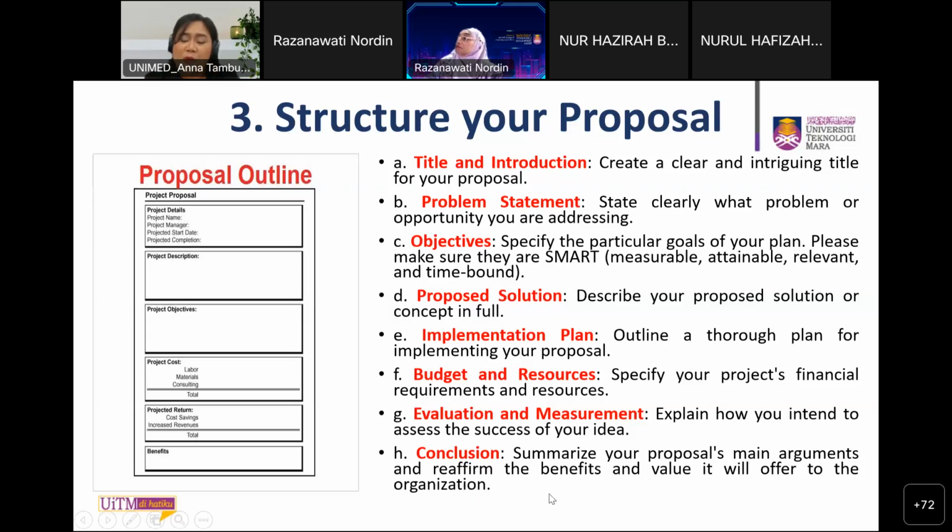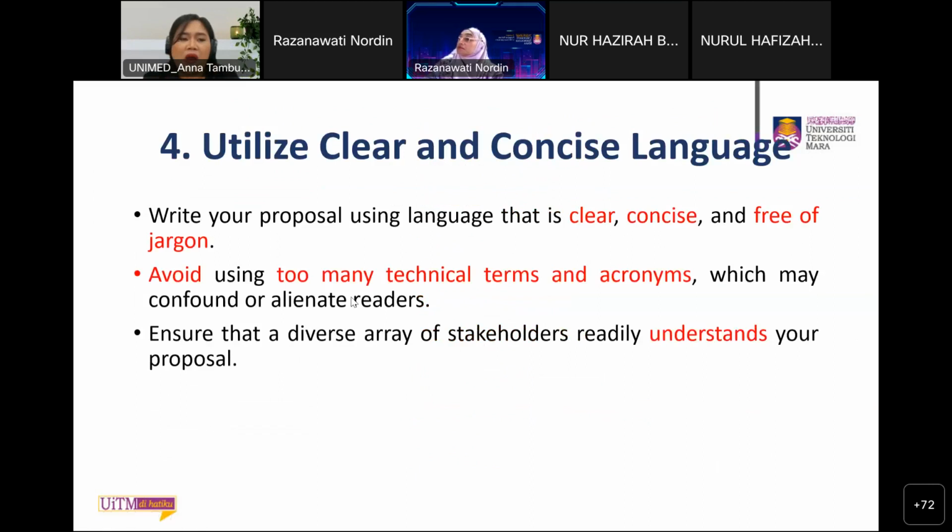Now we are going to the fourth one: you should utilize clear and concise language when you write the proposal. Use clear and concise language means that you write your proposal using clear, concise, and jargon-free language.